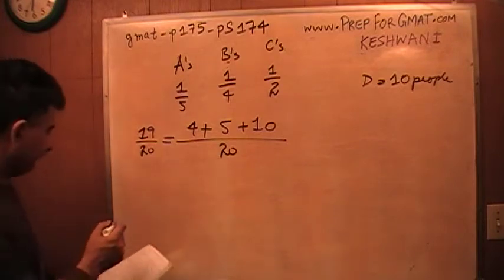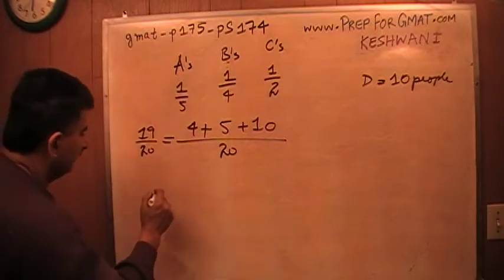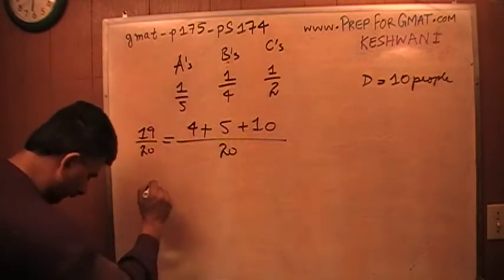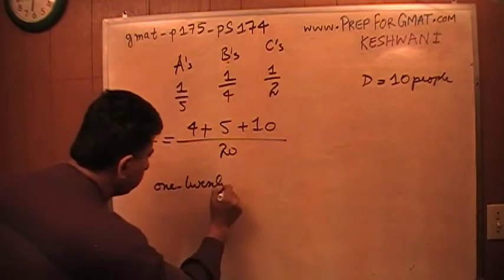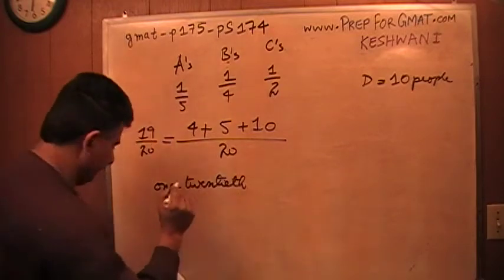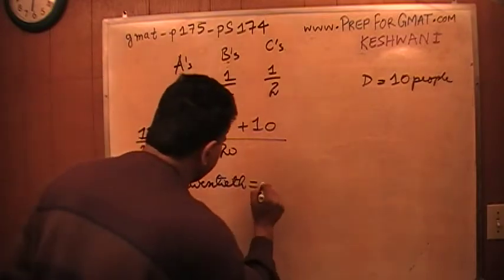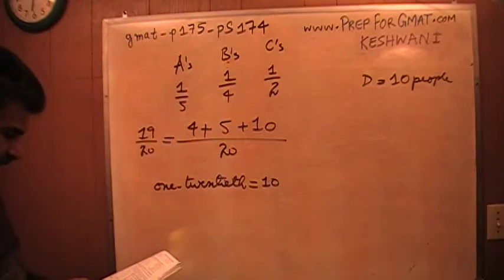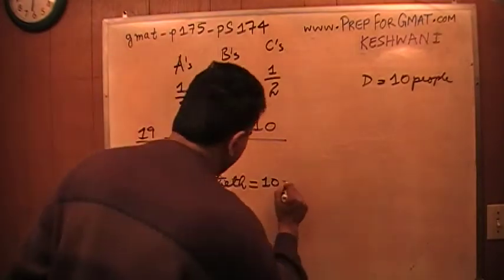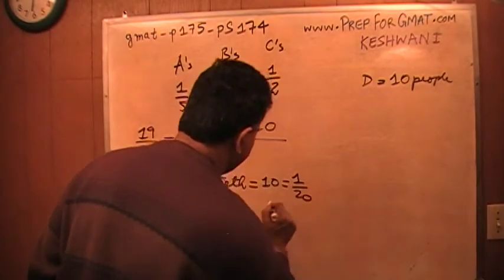If this is 19 over 20, then that tells me that 1/20th must equal 10, the remaining 10 people. I can write this as a fraction, 1/20th.